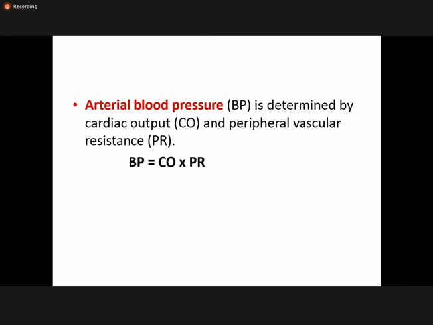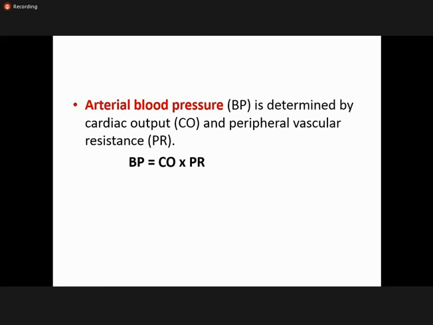Sympathetic, parasympathetic. Sympathetic, right? Sympathetic nervous system activation is responsible for increasing the cardiac activity, especially due to stimulation of beta 1 receptors. That will increase the cardiac contractility and the heart rate. And due to stimulation of alpha 1 receptors, it will lead to vasoconstriction.